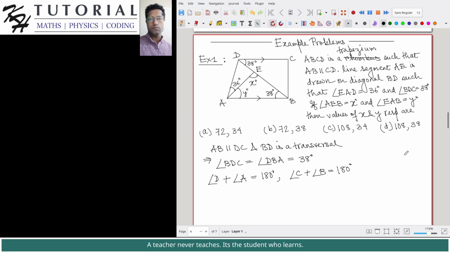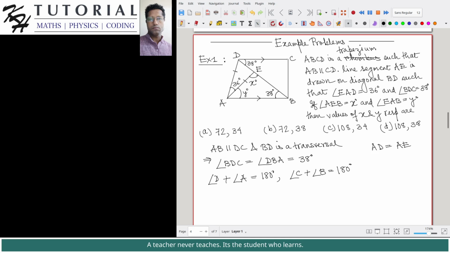I'm sorry, this information was missing. So we have AD is equal to AE, since triangle ADE is an isosceles triangle.